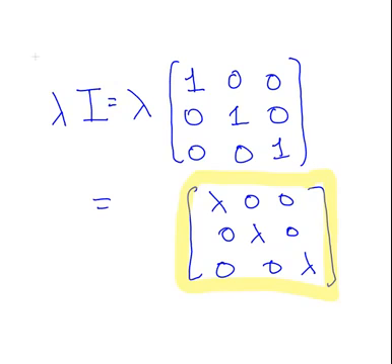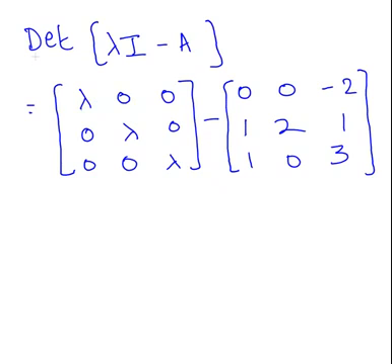Moving along, using our example, I'm going to express it in the form determinant of lambda I minus A. The bars on either side are the notation for determinants.